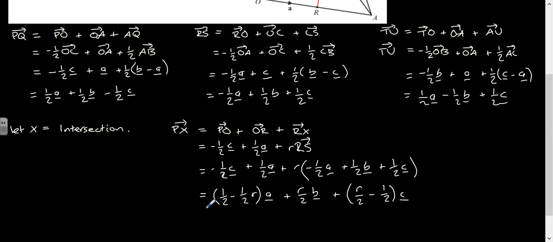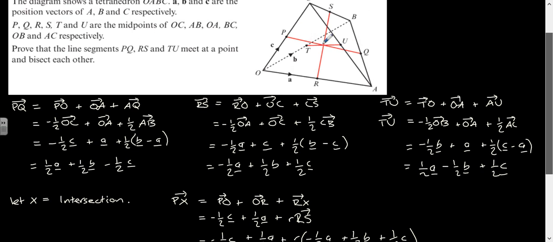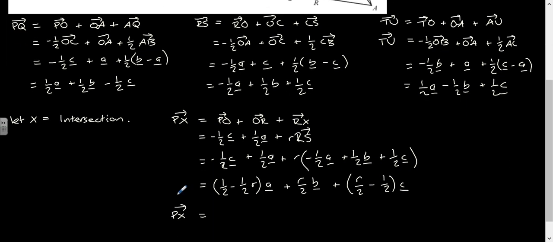I want to now describe P to X in a different way. I'm going to describe it as the journey from P to X, but this time I'm going to use a different vector. I'm just going to use the vector PQ. And I can say that it is a fraction, and I'll call it S just as a number, of PQ. So I've written P to X using RS.